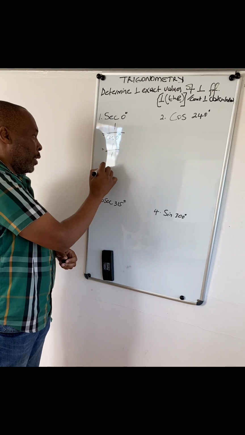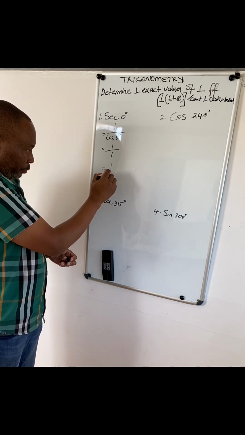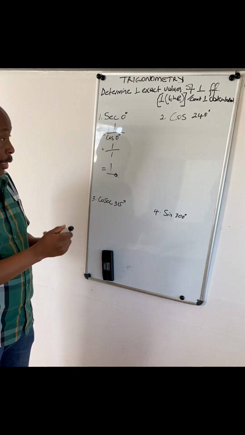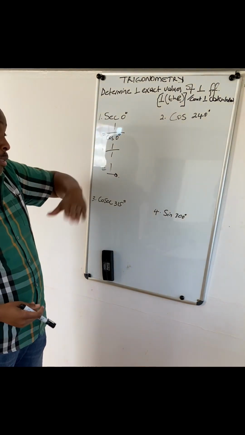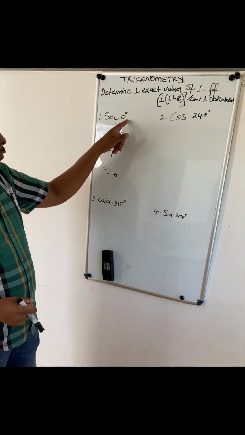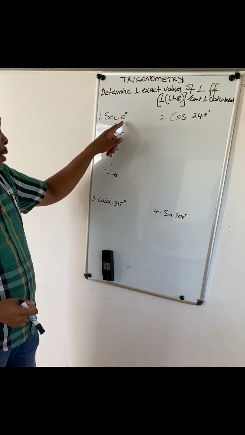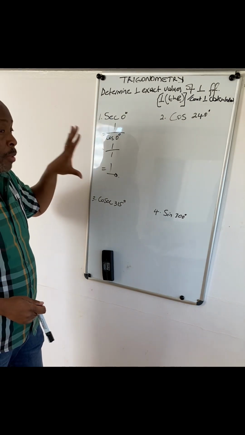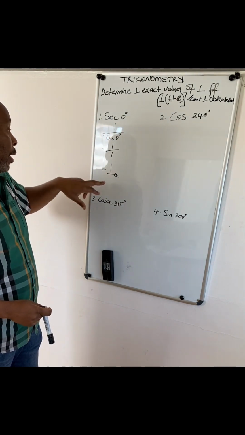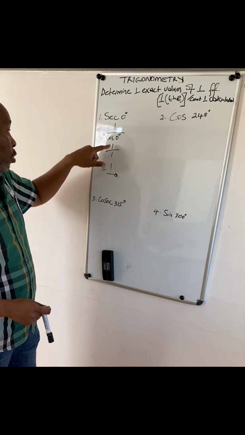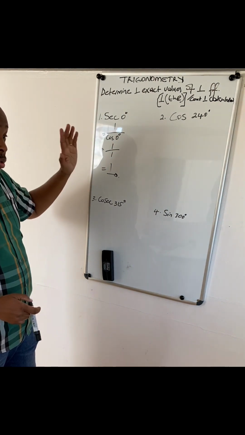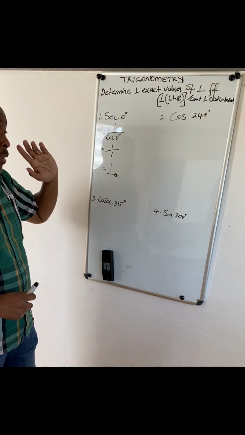So it's 1 over 1, and the answer is 1. Because 0 degrees is in the first quadrant, and all ratios in the first quadrant are positive, hence we still have 1, and cos is positive as well in the first quadrant.